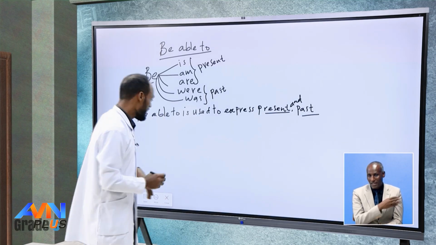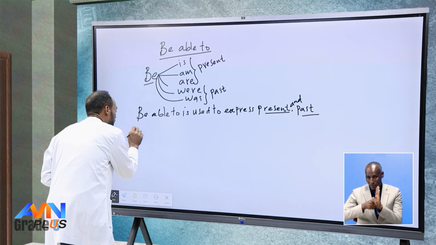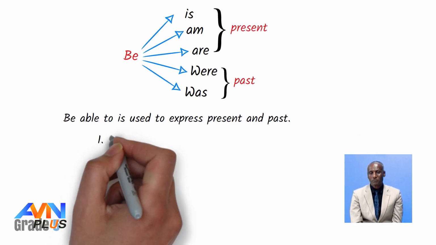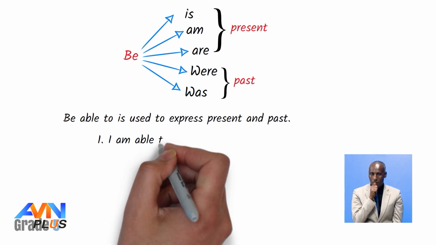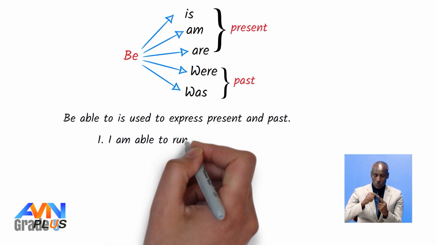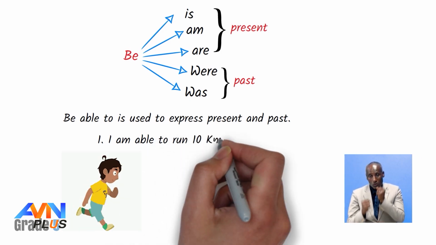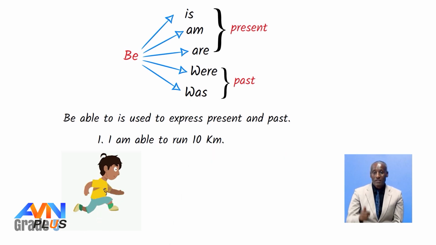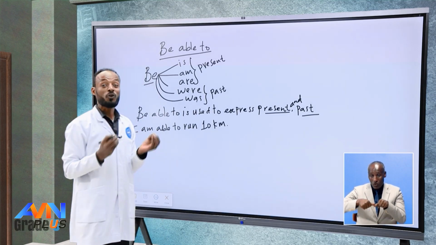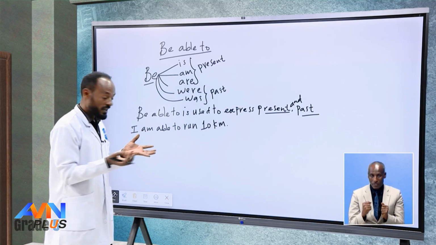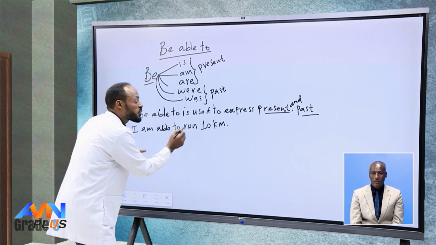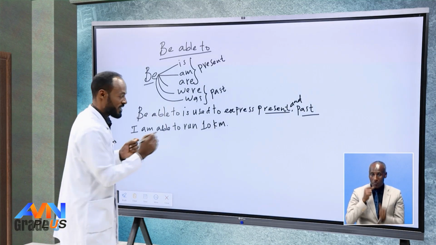For example, I can say, I am able to run 10 kilometers. Still it shows ability, okay? I am able to run 10 kilometers.